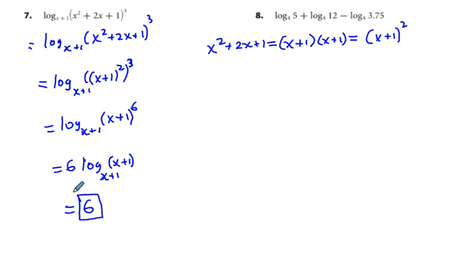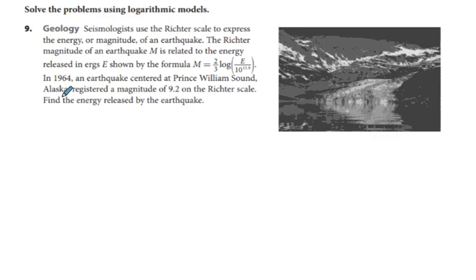Next, let's go ahead to problem 9. And now we're getting to the real world problems. Some of these real world problems are going to be like exponential problems like we did back in chapter 13, but we can solve them using logarithms. So a seismologist used the Richter scale to express the energy or magnitude of an earthquake.